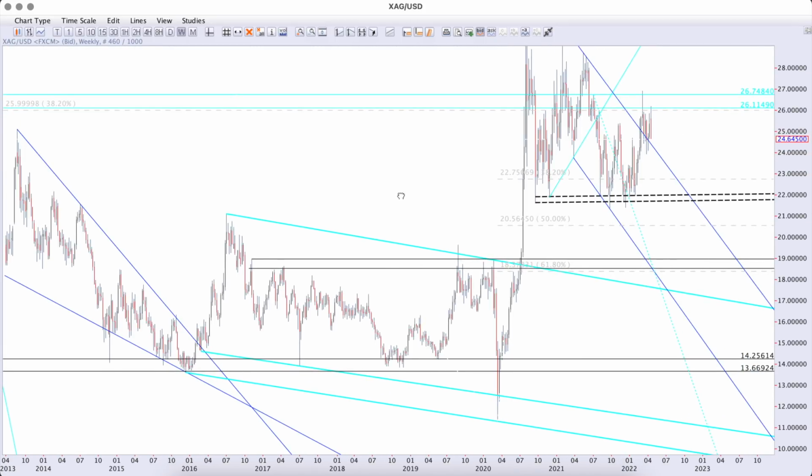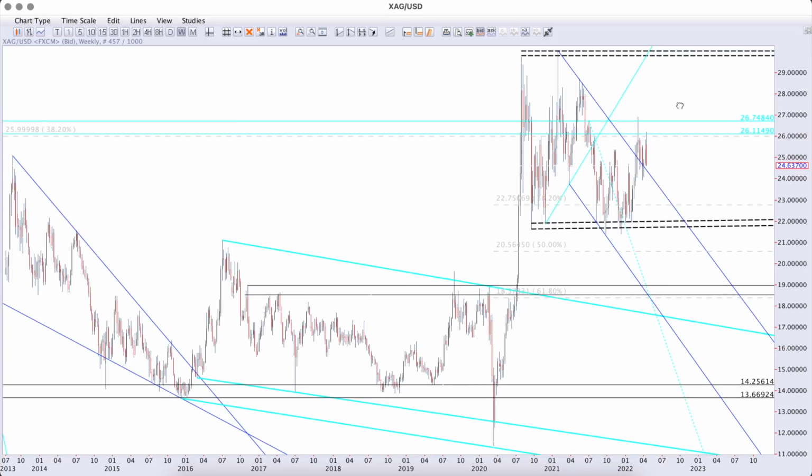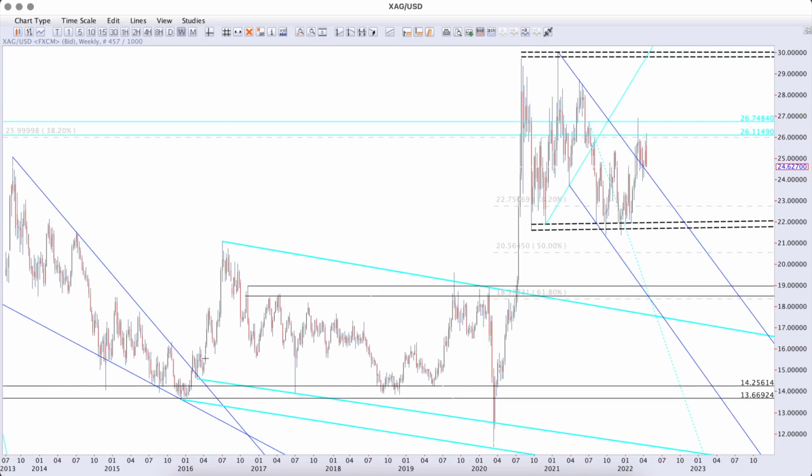So, listen, silver market's not going to repeat perfectly every single time, but there are some very interesting coincidences happening here. February break of a primary downward trend, February break of a primary downward trend, 9 weeks of consolidation. So far, 7 weeks. We're in week number 7.